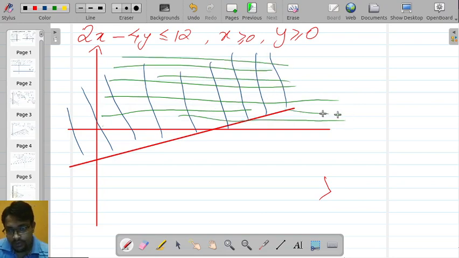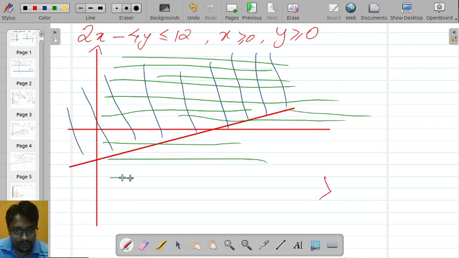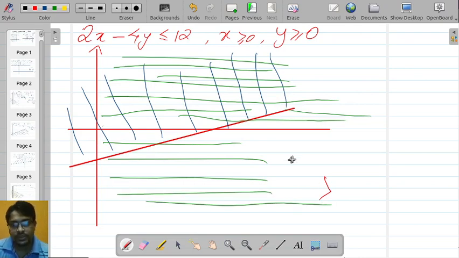So this region represents x greater than or equal to 0. And even this portion, x greater than or equal to 0, is this. Okay, and y greater than or equal to 0 is represented by this region. Okay, anything above y-axis, anything above x-axis.